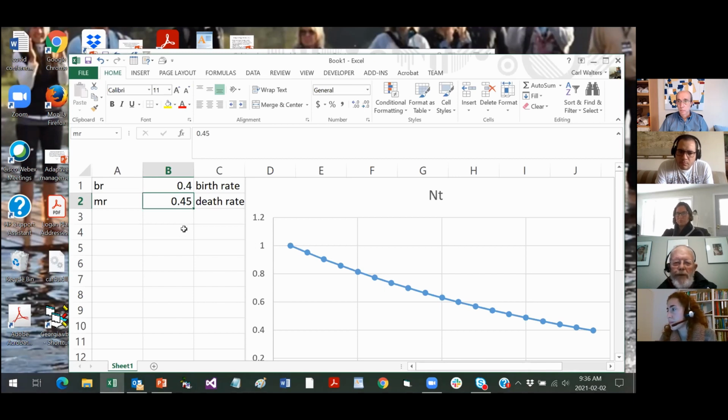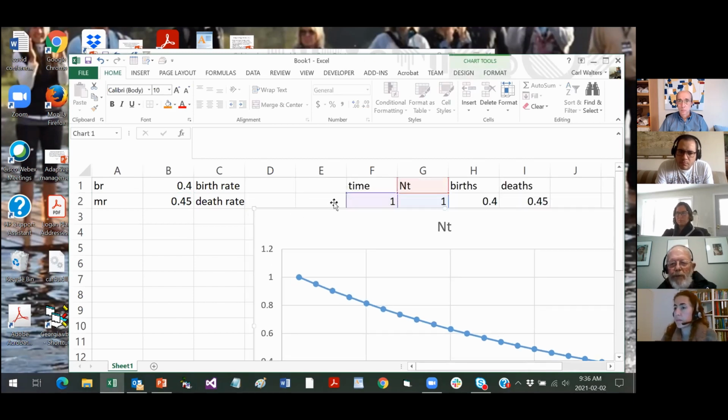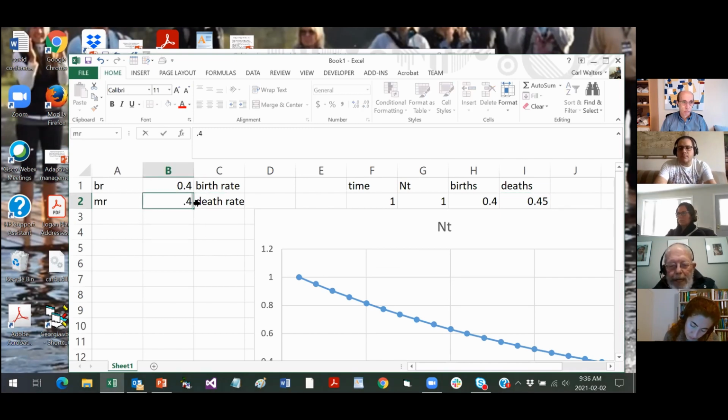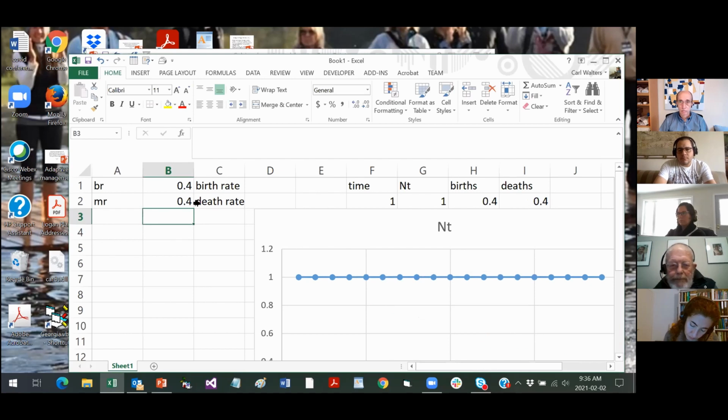So simple functional relationships that involve what we call constant per capita birth and death rates in population models can only predict exponential increase or exponential decay. They never predict a stable population size unless you happen to set the parameter values to exactly balance each other.